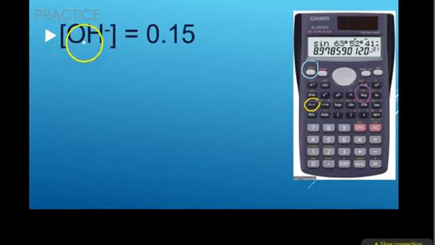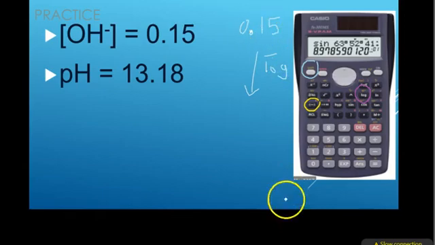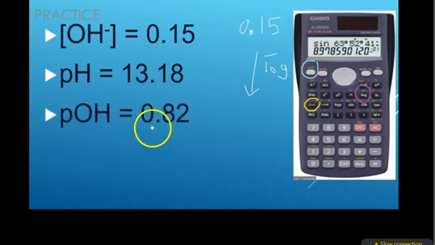So now they're telling you the OH minus is 0.15. Then when you go to get to pH, technically speaking, you don't get directly there. So I'm going down, so I take the negative log of 0.15, and what I'm going to get is 0.82.